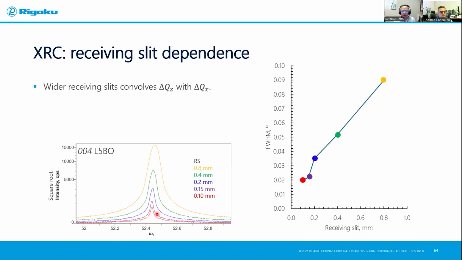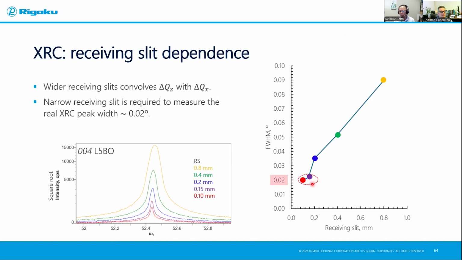So what does this mean? This is a plot with the receiving slit on the horizontal axis and peak width on the vertical axis. If you make the receiving slit narrower, the peak width gets sharper. At the saturated part around here, we got 0.02 degree. This is delta QX, if you remember.